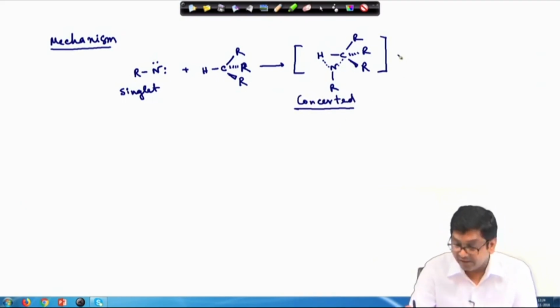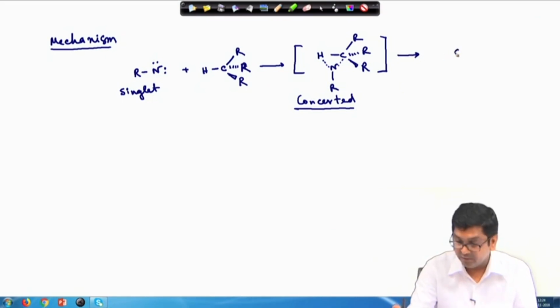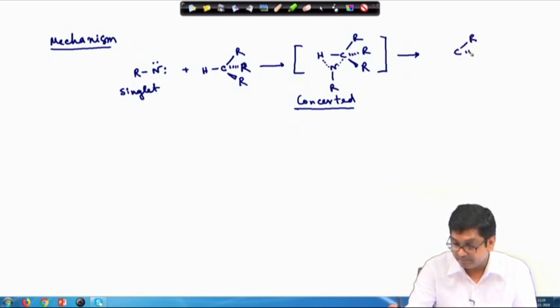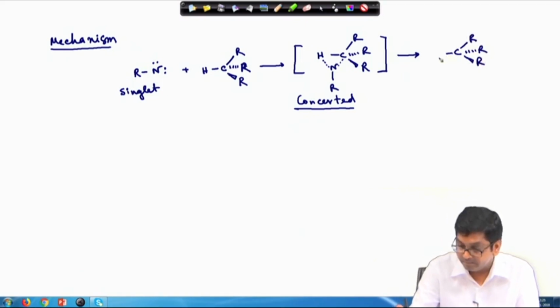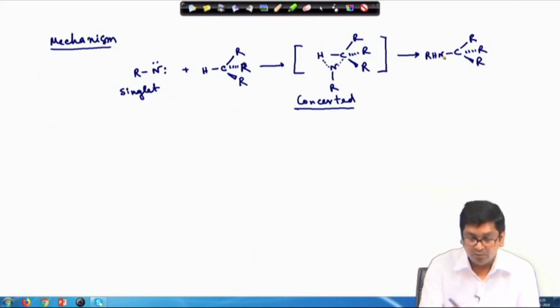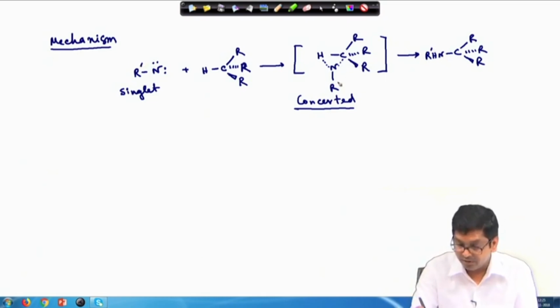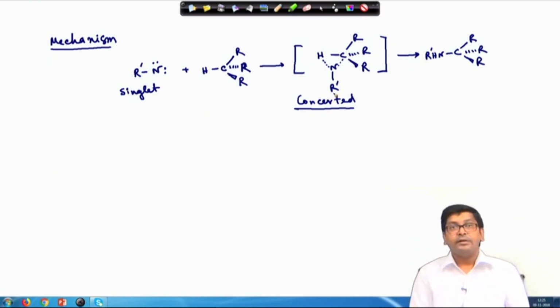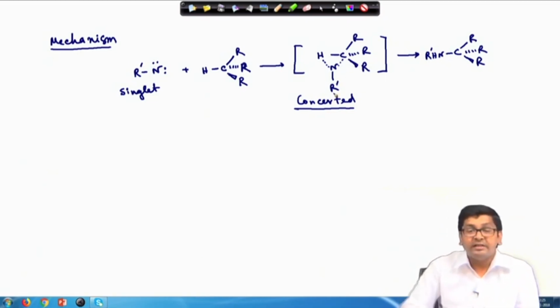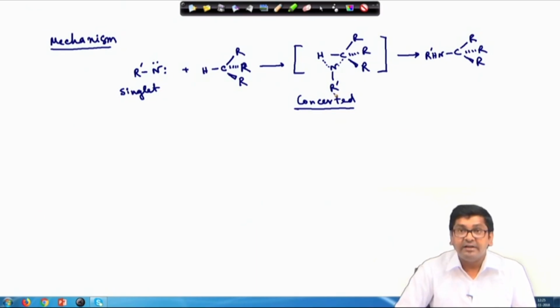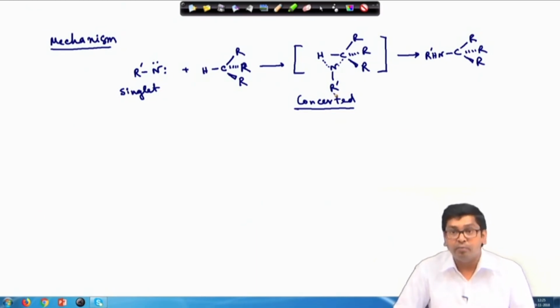Finally, the insertion will happen and it will give the inserted product. Or we can give there R prime, here R prime. So, this way singlet nitrene got inserted into the carbon hydrogen bond.